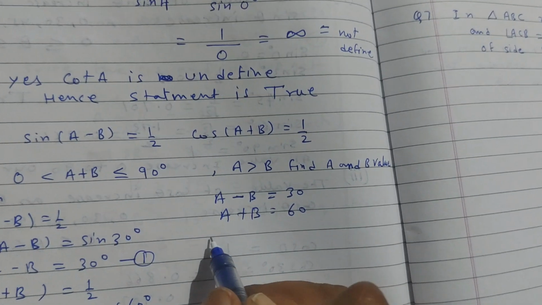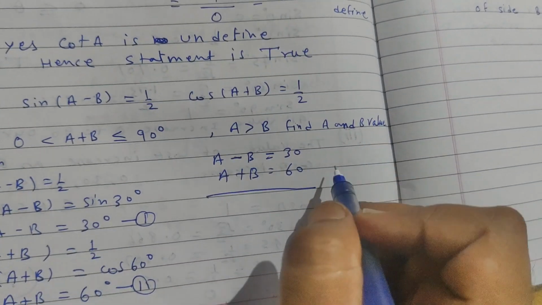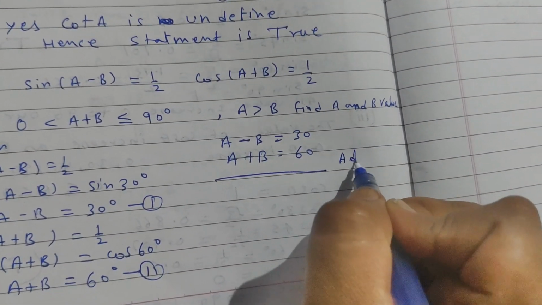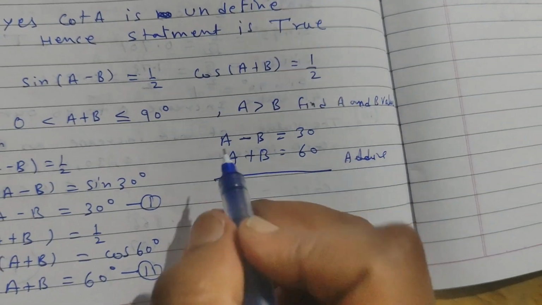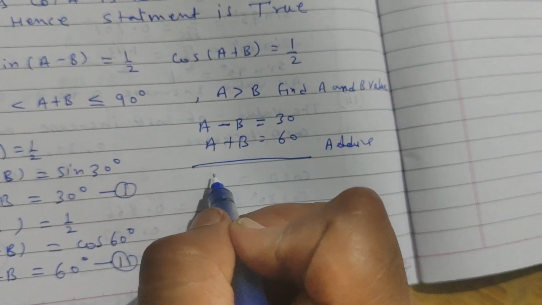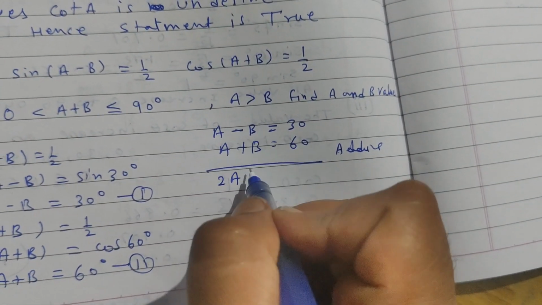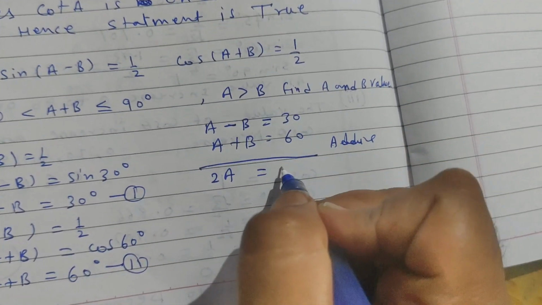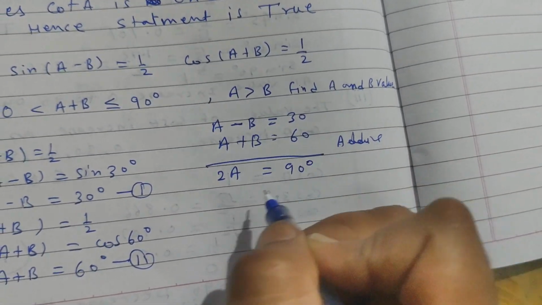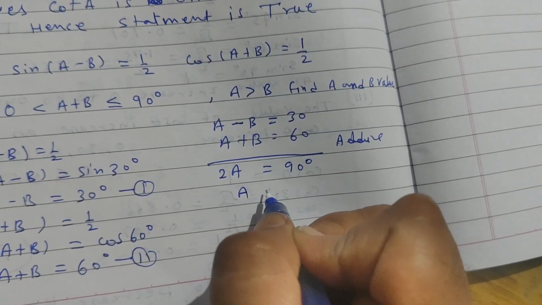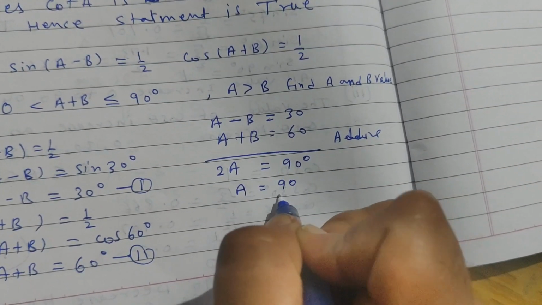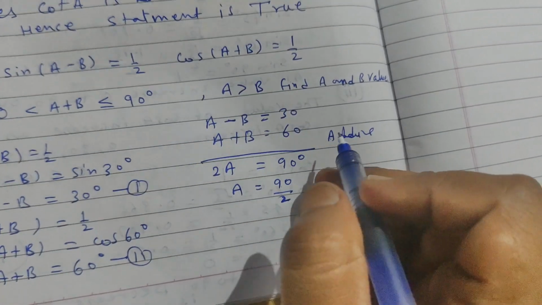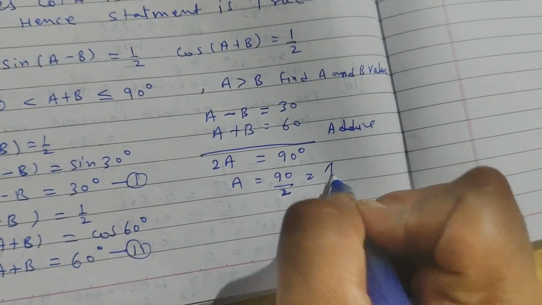So, adding, here B cancels. 60 plus 30 is 90, so A value is 90 by 2, which is equal to 45.